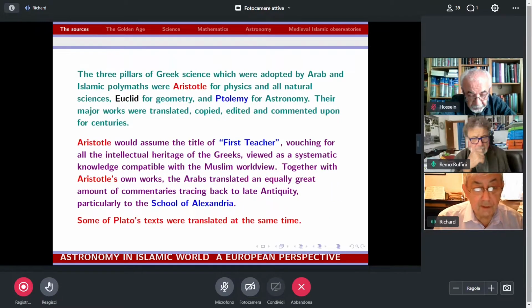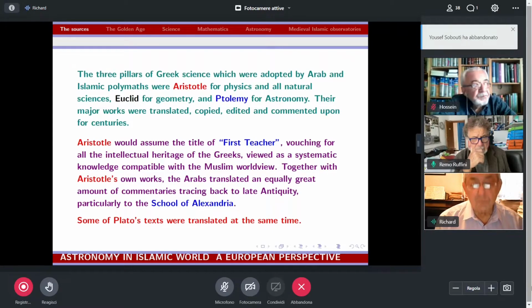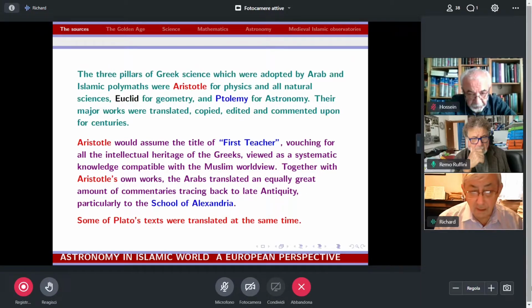Now, the three pillars of Greek science, which were adopted by Arabs and Islamic polymaths, were Aristotle for physics and all natural sciences, Euclid for geometry, and Ptolemy for astronomy. Their major works were translated, copied, edited, and commented on for centuries.